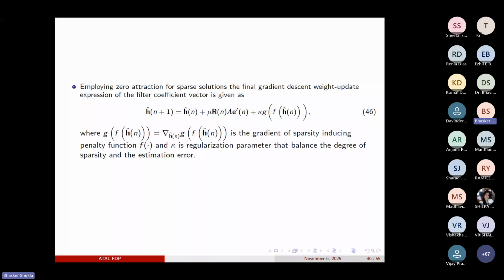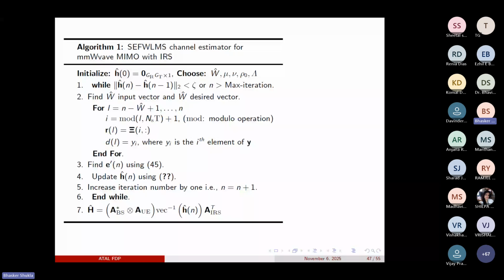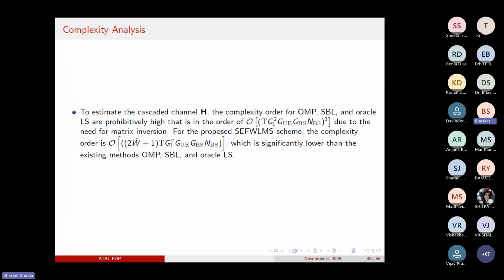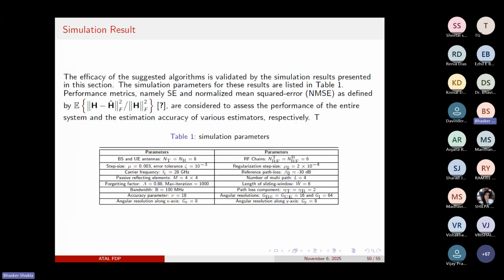After finding this update equation, we can apply the pseudocode for the sparse exponential forgetting window least mean square algorithm. On the basis of this algorithm, here are the simulation results.